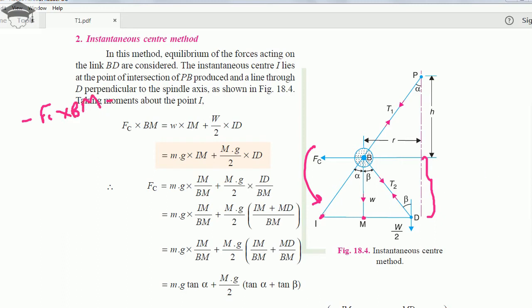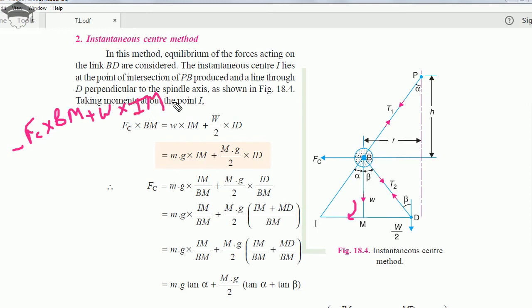and then the second moment can be for this small w weight, that is w into IM, that is clockwise, so it is positive. So minus Fc into BM plus small w into IM, and again this capital W, the moment can be for this also, capital W by 2 into ID, clockwise, this distance, and this is the force W by 2 into ID.